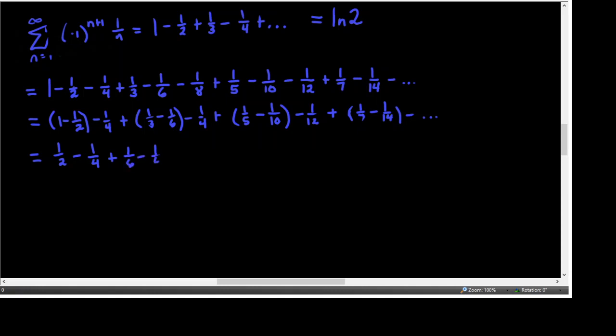Minus 1/4. 1/5 minus 1/10 is 1/10 minus 1/12. 1/7 minus 1/14 is 1/7 minus something, etc. Then all of those denominators are even, which leaves 1 minus 1/2 plus 1/3.